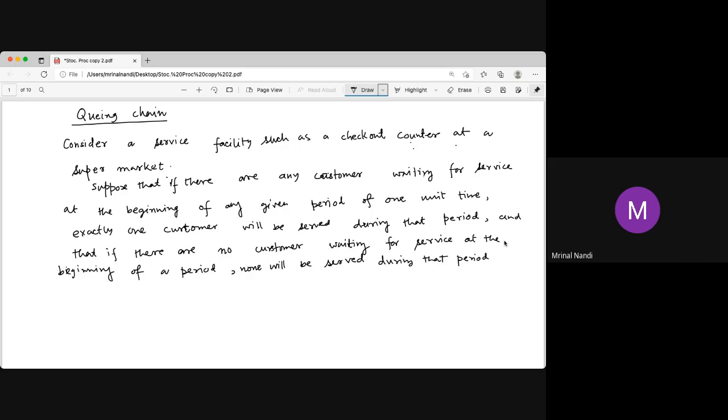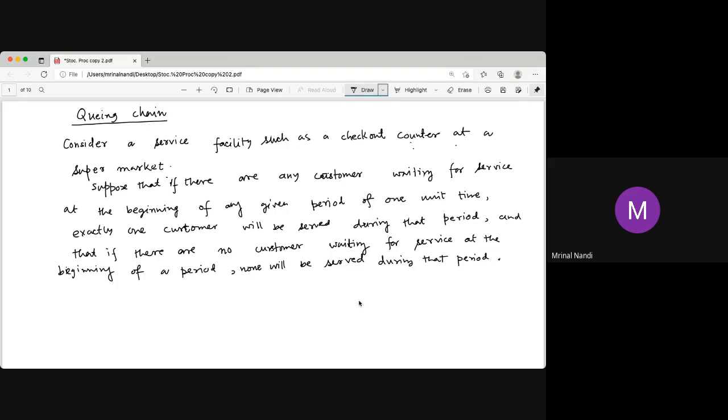Once it is 9:04, then one customer is served. That is why we make this assumption, to make it simple basically. It is for simplicity, but in real life it is more complicated.